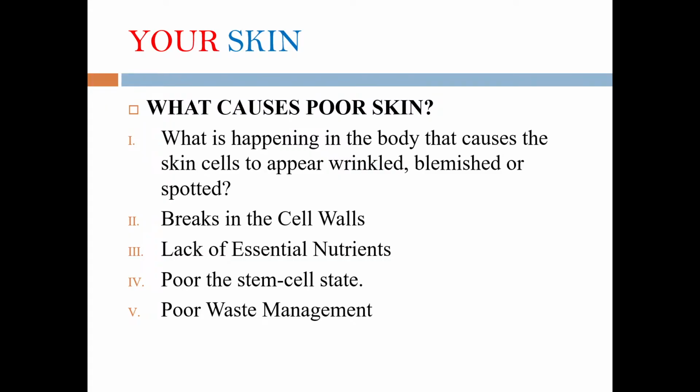That could easily mean a lack of high-level nutrients used for the skin, like calcium, magnesium, selenium, and there's one I'm forgetting here, collagen. Poor stem cell state. Stem cells are mother bone marrow cells that produce other cells for circulation. And then poor waste management.